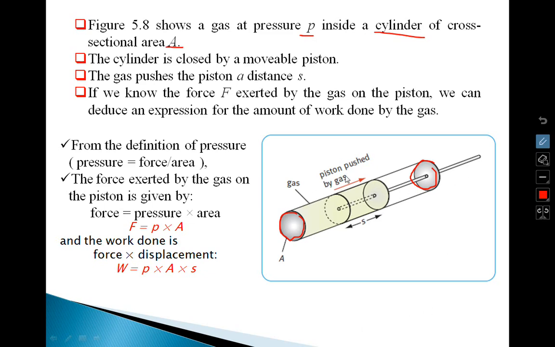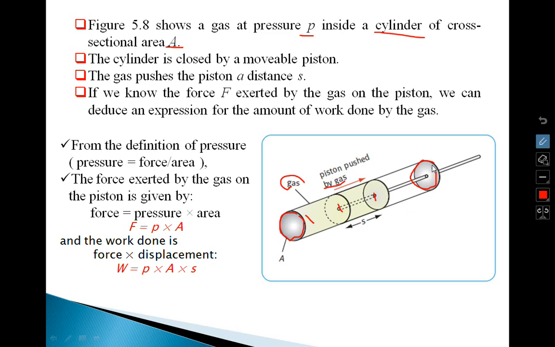The piston is pushed by the gas. There is a gas inside here, so this piston is pushed this distance, from this point to this point, by the gas pressure. The cylinder is closed by the piston, and the gas pushes the piston.